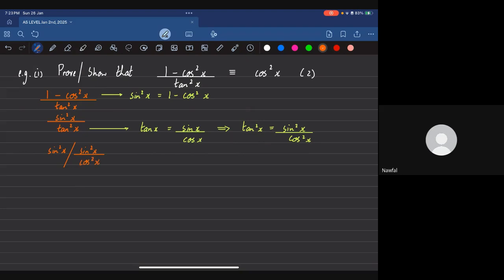Because these two are dividing with each other, I can simply take the reciprocal and it will be sine square x times cos square x over sine square x.